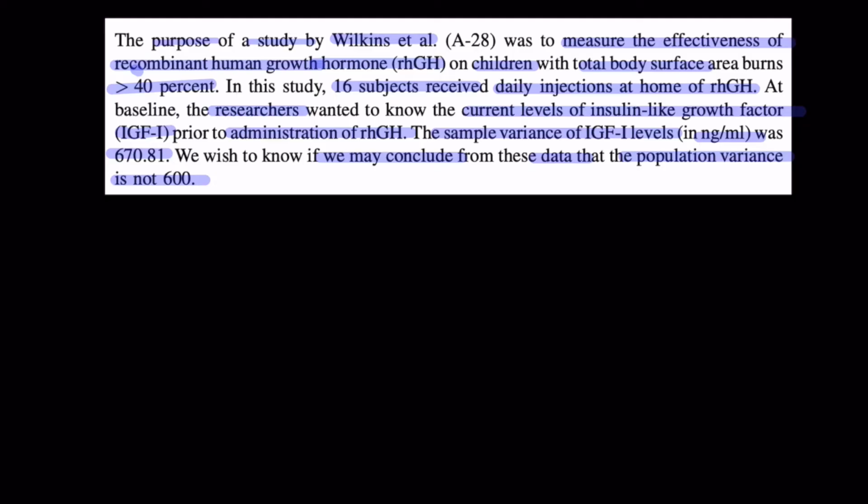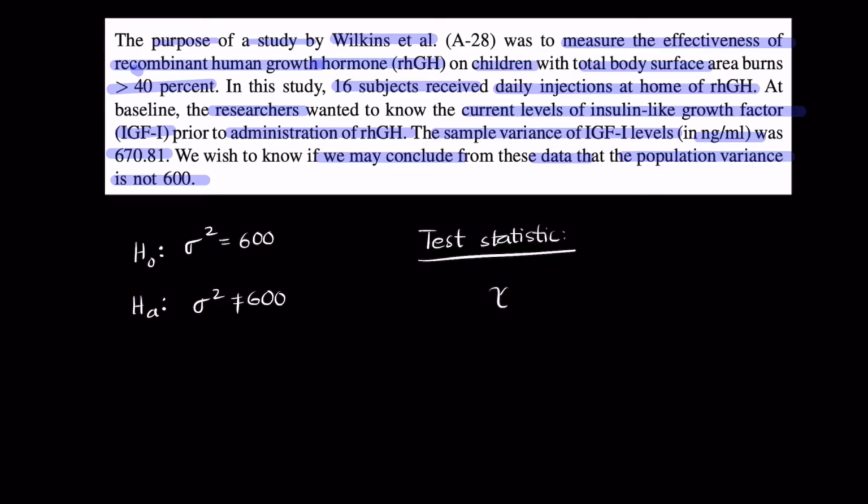So again, what is given here? We have H naught, which says that sigma square is equal to 600, the opposite of what they're asking us to show. So HA says that sigma square is not equal to 600. Now, how do we calculate the test statistic? The test statistic here is chi-square. They have 16 subjects, so n is 16.